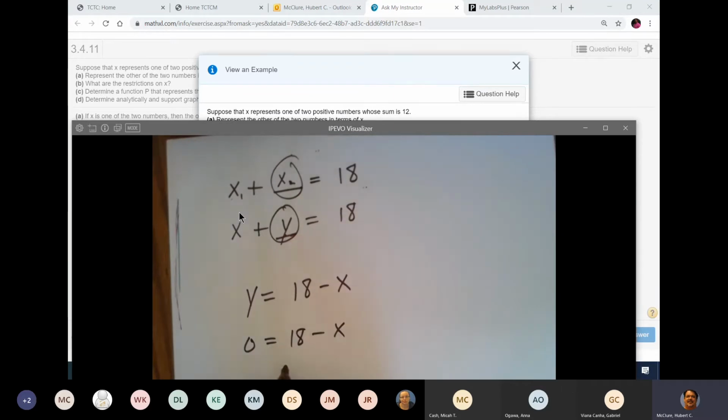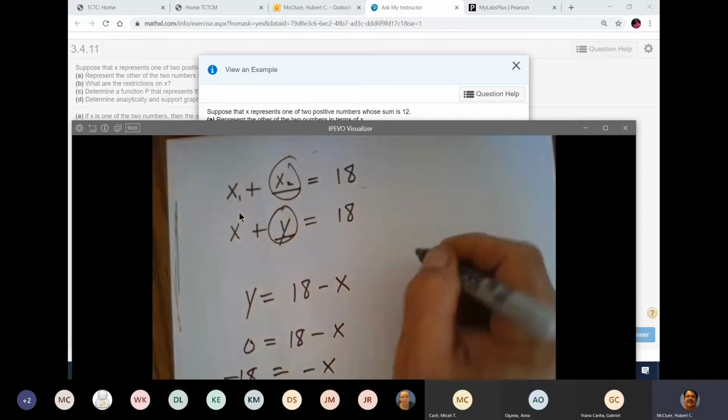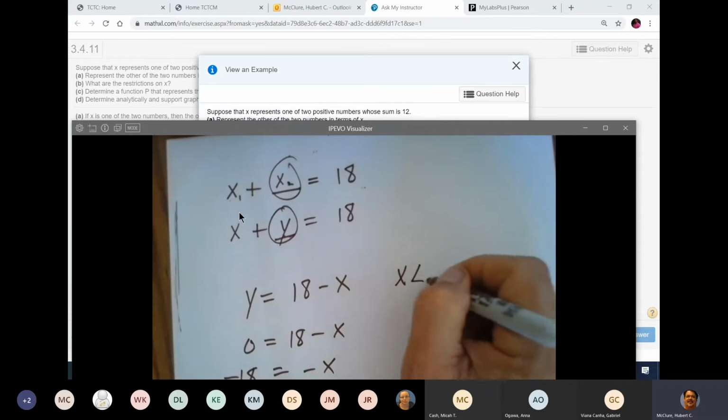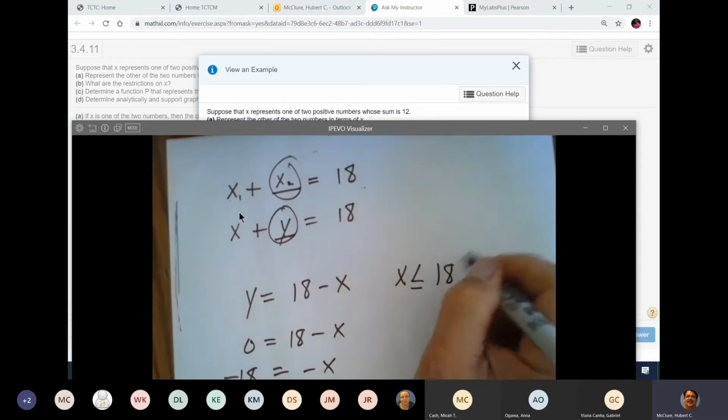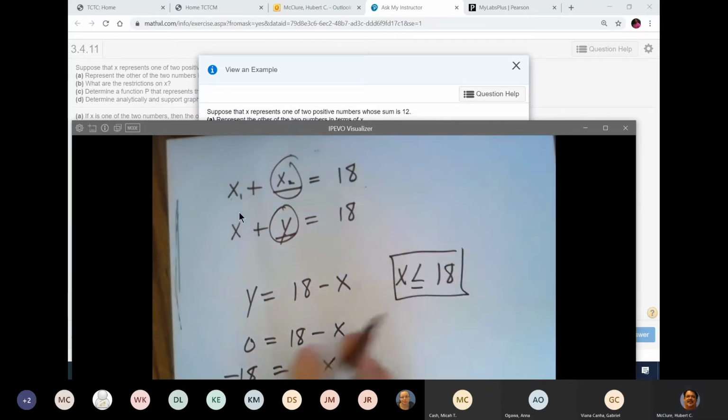So bring the 18 over, and x has got to be equal to 18. So unless you want a negative number, you have to use numbers that are less than 18. So x has to be less than or equal to 18. This is not a good question.